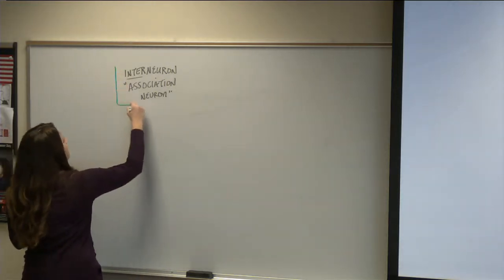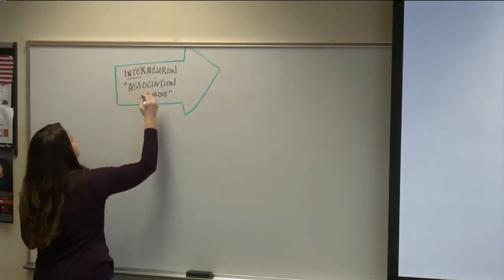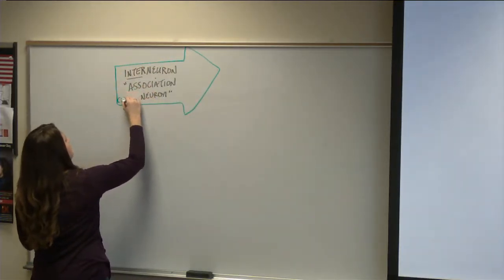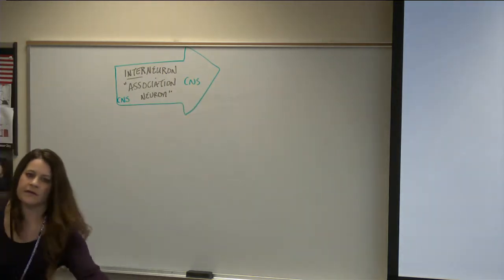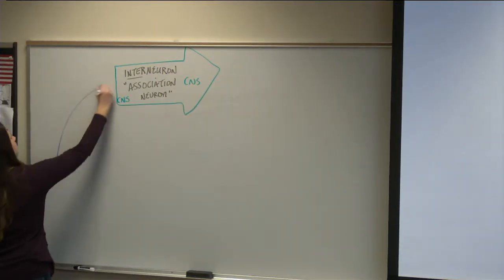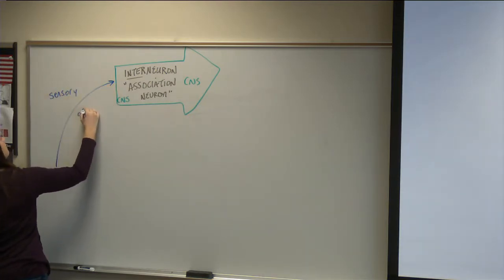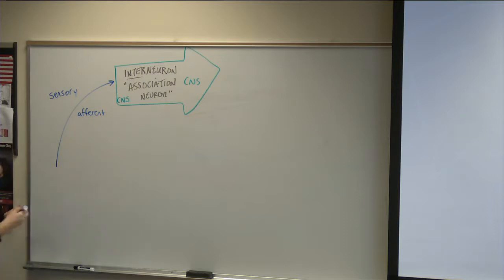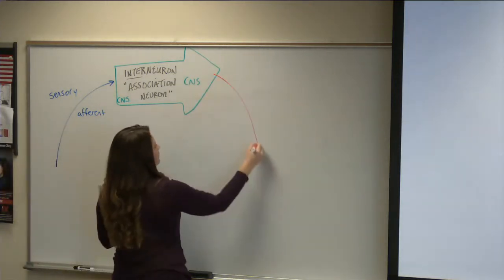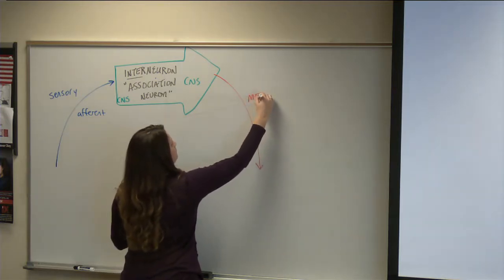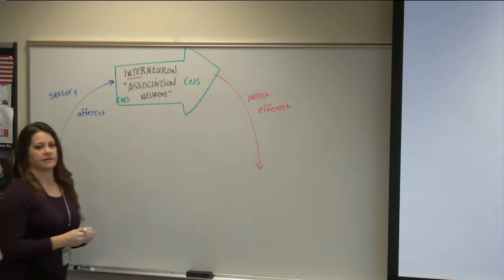So again, these guys are in your CNS. And then we had our sensory afferent goes towards, and then coming away would be your motor efferents.